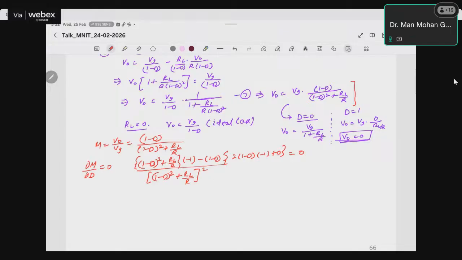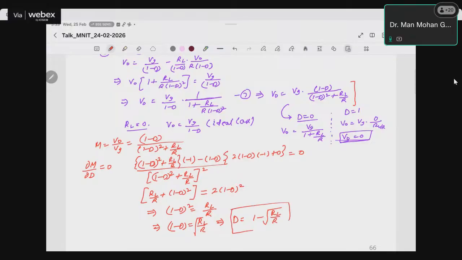What is left is minus RL upon R plus 1 minus D square, and this goes to the other side, which equals 2 into 1 minus D square. So 1 minus D square equals RL by R. From here 1 minus D comes out to be, because this value should be positive, the square root of RL by R. So D comes out to be 1 minus square root of RL by R.